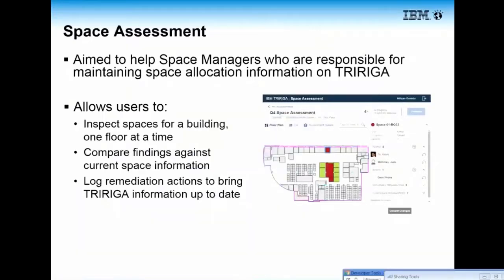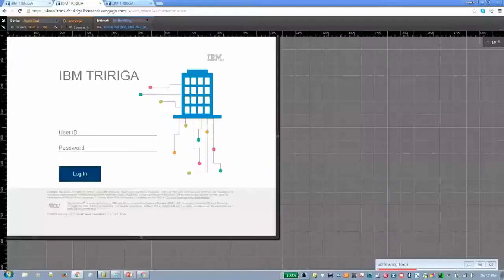So you can see I'm displaying the login screen for the space assessment application using a tablet emulator. You see how the content and the information is rendered at this scale.